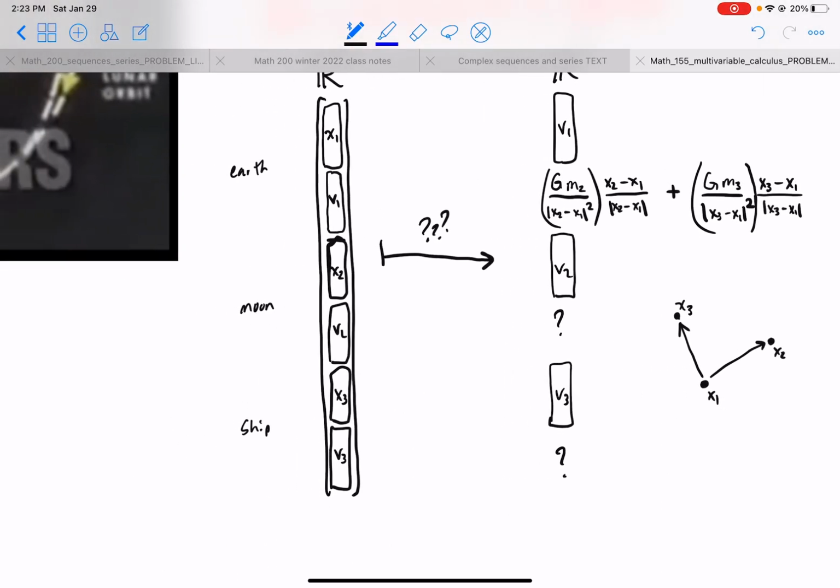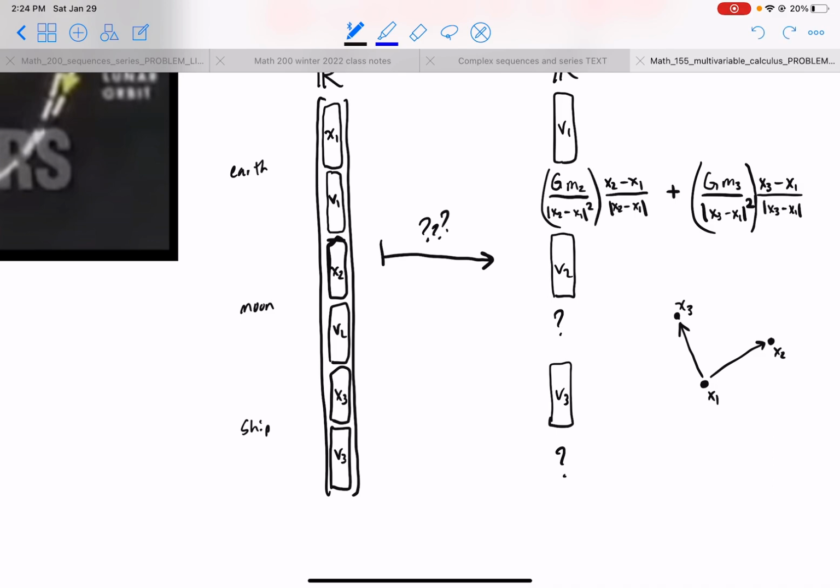And that's the formula. So this picture became this formula for the acceleration of the Earth due to the moon and due to the spaceship. Now, in practice, this will be basically 0. In fact, even this might be basically 0, but not entirely. The spaceship is so small that this number m3 is so small that this whole thing will be basically the zero vector, because I'm multiplying it by a really small number.